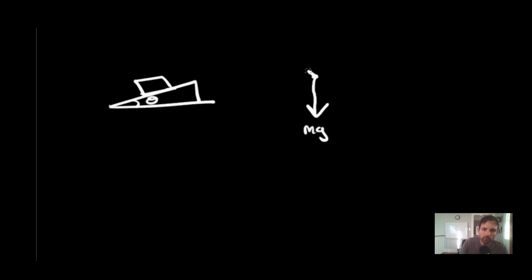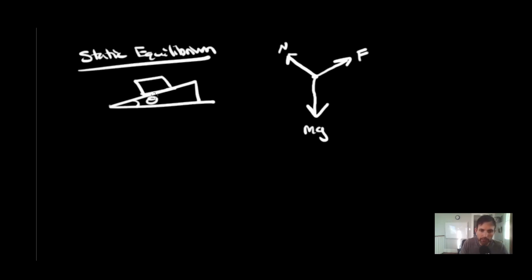You have a normal force, right, that's coming back up to this. And then you have an opposing friction force. Now, I don't know if I stated this or not, this is in static equilibrium, meaning this block is not sliding down the plane.